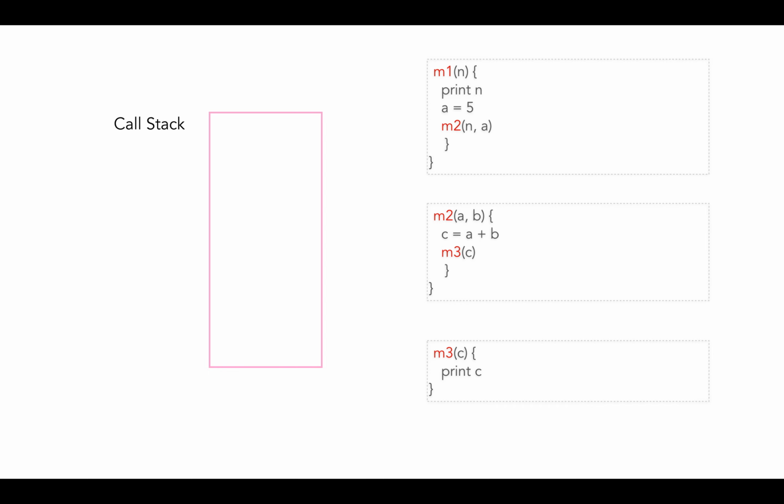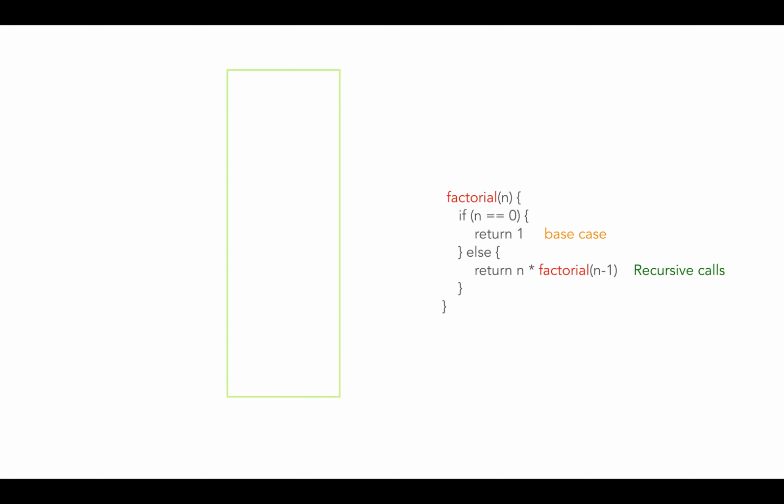Now let's jump back to the factorial example and see how its call stack will be arranged. When we call the factorial method for the first time, let's say for 4, the first call would be for n equals 4, which will multiply 4 by factorial of n minus 1, which is factorial of 3.